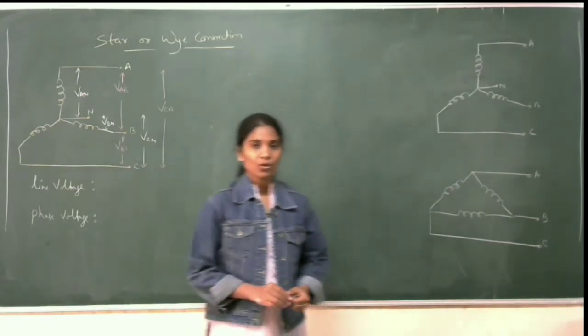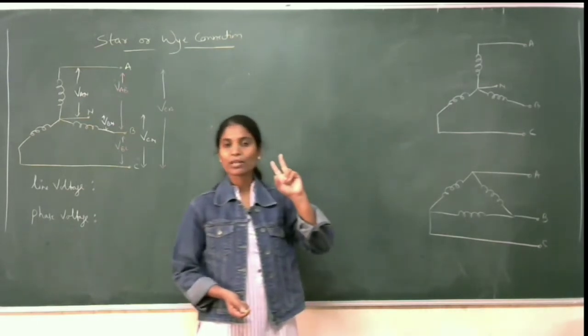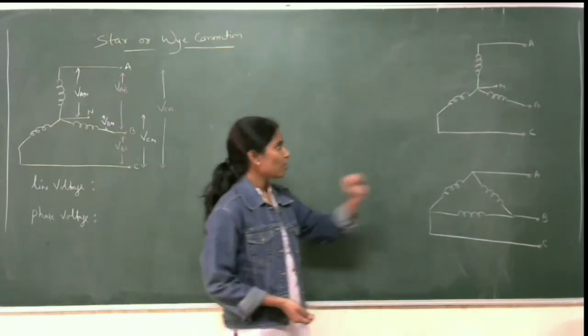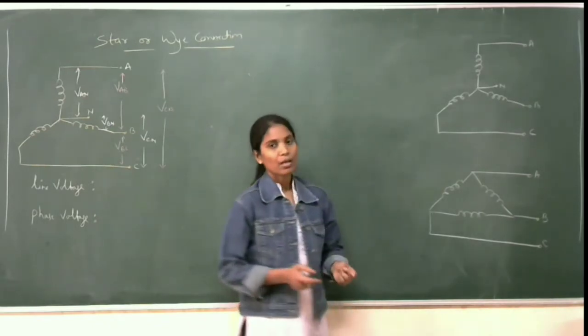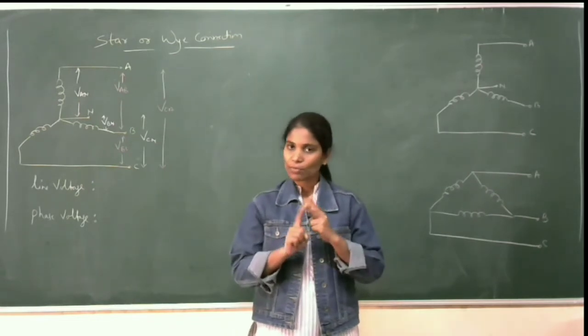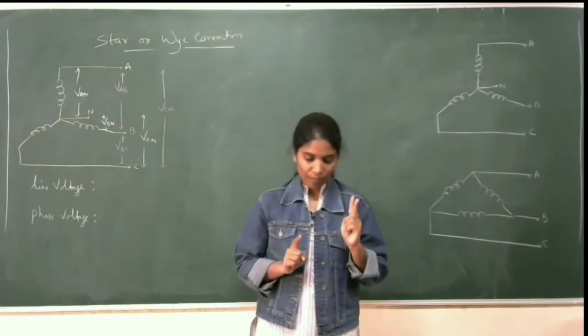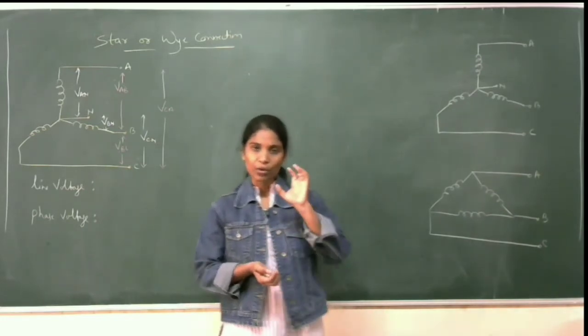Here I have shown you the star connection and the delta connection. We have two types of arrangement for three-phase connections. First, phase quantity means phase voltage and phase current, associated with that particular phase.